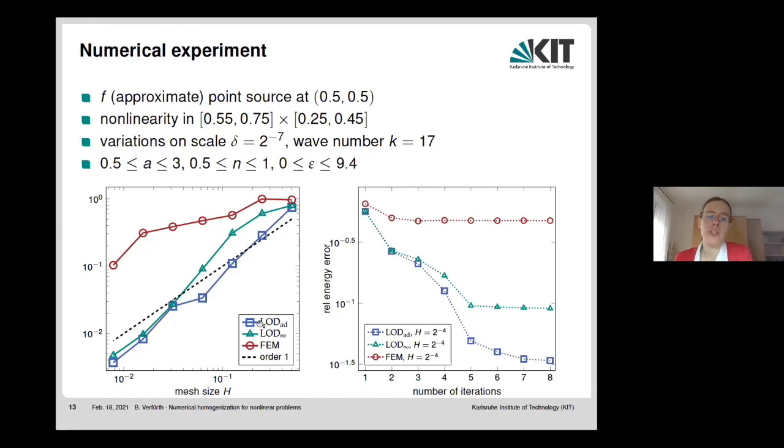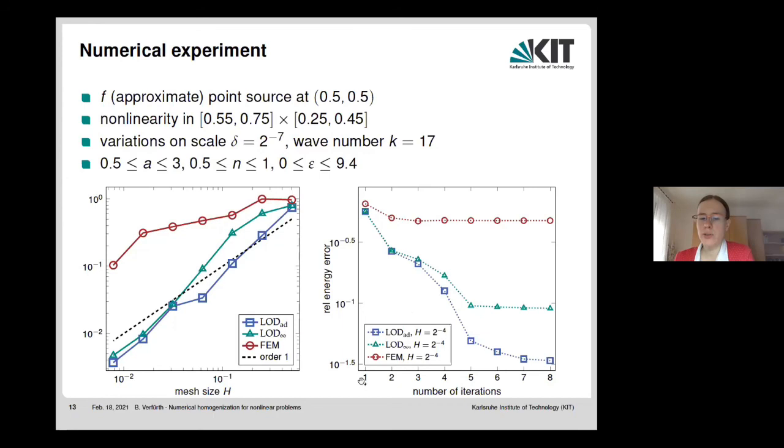But if you do this adaptive procedure from this part of the talk, so if you update certain parts of the correctors, and this was really not a high percentage that we had to update, you can improve your error quite a lot, especially in this target regime of mesh sizes here. And you can see this for this target regime of H on the right-hand side as well, where we fixed H as 2 to the minus 4.